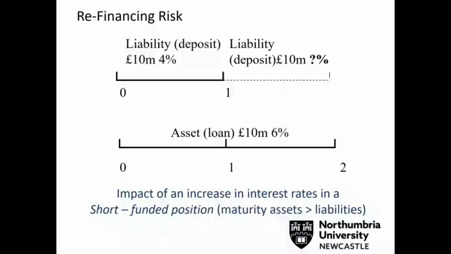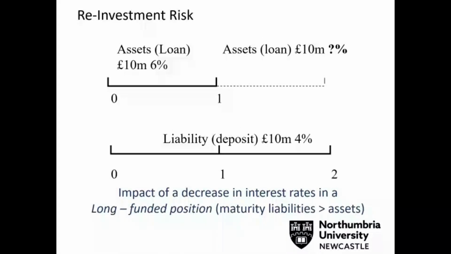Say interest rates rise to 8% in the second year, then the bank will be paying 8% on that 10 million, but only receiving 6% on the loan. So you're making a 2% profit in the first year, but a 2% loss in the second year. So that's how refinancing risk can really hit your profitability.